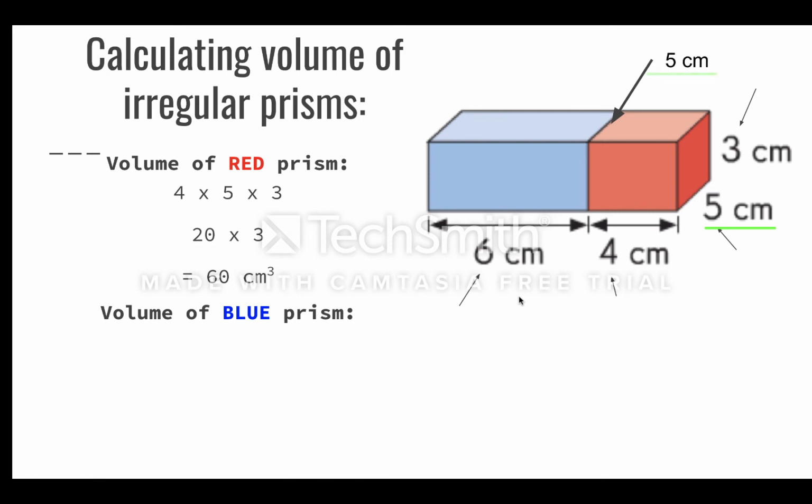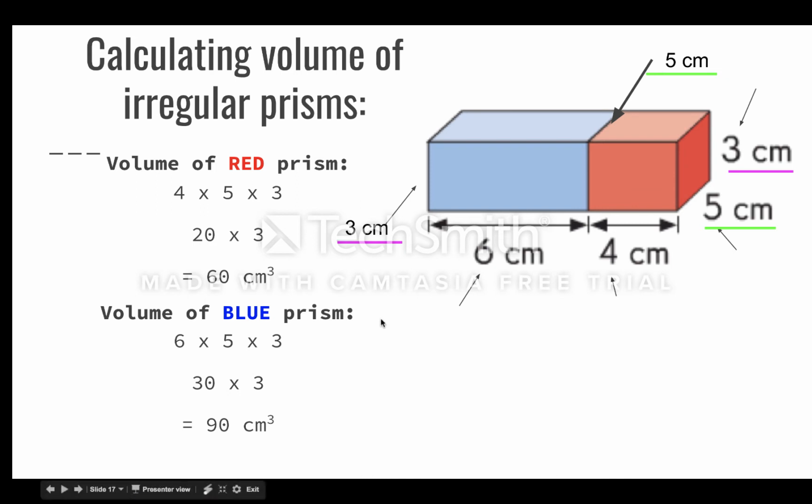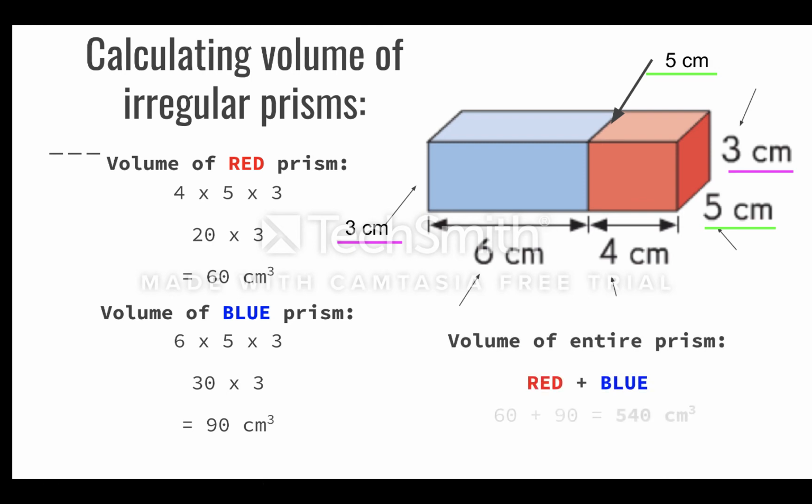And also, the 3 centimeters for the red prism is also the height of the blue rectangular prism. So if we multiply those, 6 times 5 is 30, 30 times 3 is 90, and we get 90 centimeters cubed. And then hopefully you remember the last step, which is to take the red and the blue and add them together. So 90 plus 60 would have given us 150 centimeters cubed, and that would be our final answer for this one.